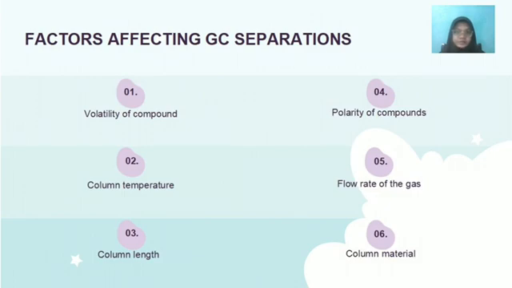Next, polarity of compounds. Polar compounds will move more slowly, especially if the column is polar. Next, flow rate of the gas through the column. Speeding up the carrier gas flow increases the speed of all compounds moving through the column. Finally, column material adapted to the isolated compounds.